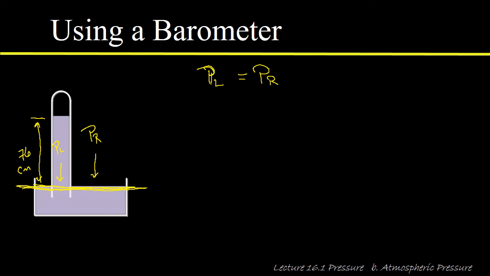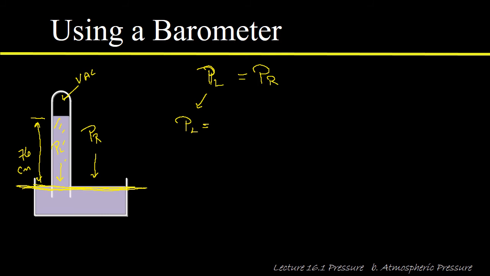Now the pressure on the left is just the pressure due to the weight of this column of mercury. And remember that there's a vacuum up there. We'll see vacuums like that a lot, and it's important. The vacuum does not exert any pressure.